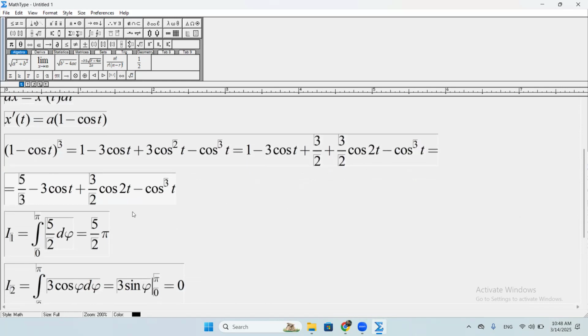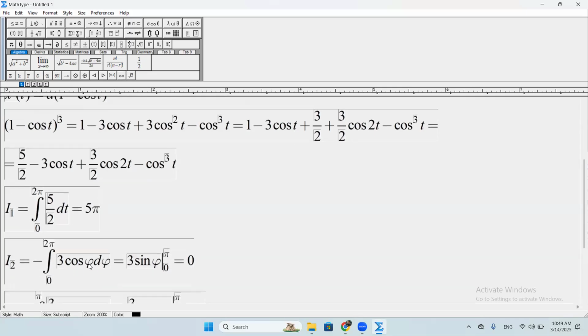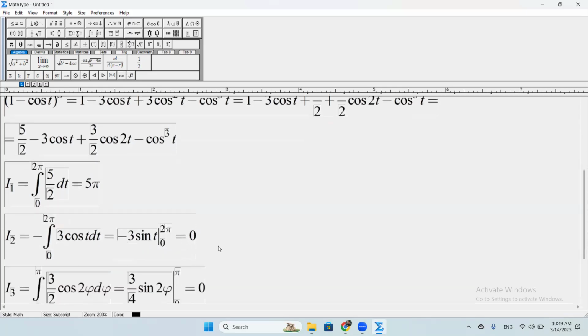So we have similar integrals. 5 over 2, but actually with dt, so we have here 5 pi for this integral. Then minus the integral from 0 to 2 pi of cosine of t dt, which is actually 0.